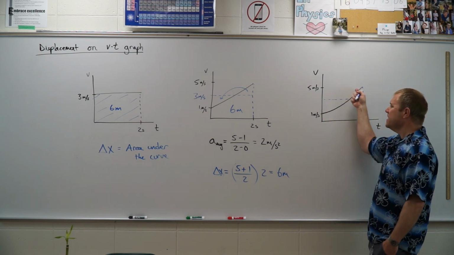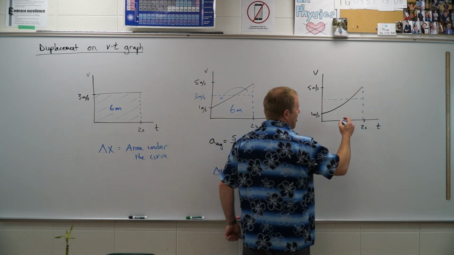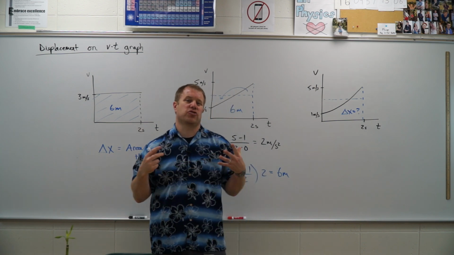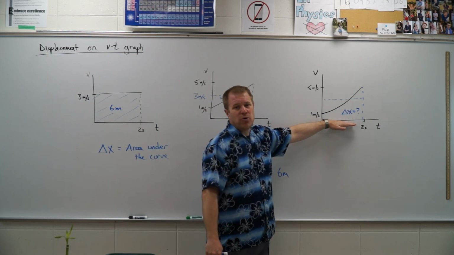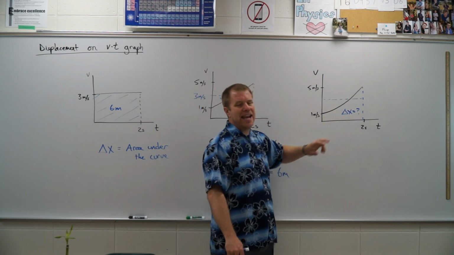No, because this is not a trapezoid. And so in order to find this area under the curve, we're going to have to employ some different strategies. Now, in dual enrollment, we're not going to touch that. But in AP, we will go ahead and figure that out.